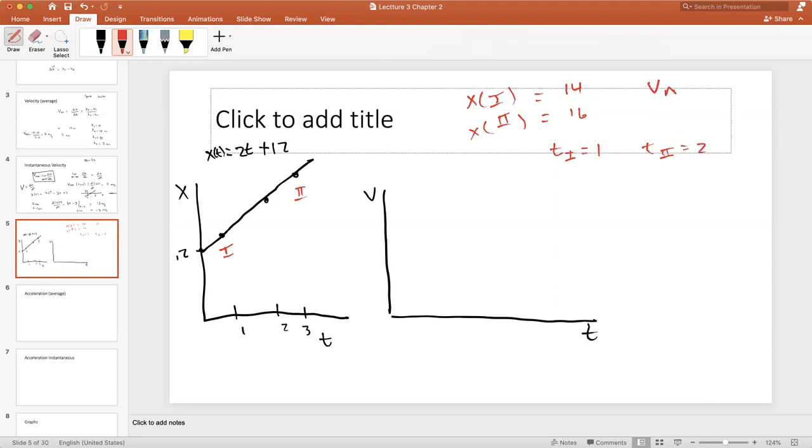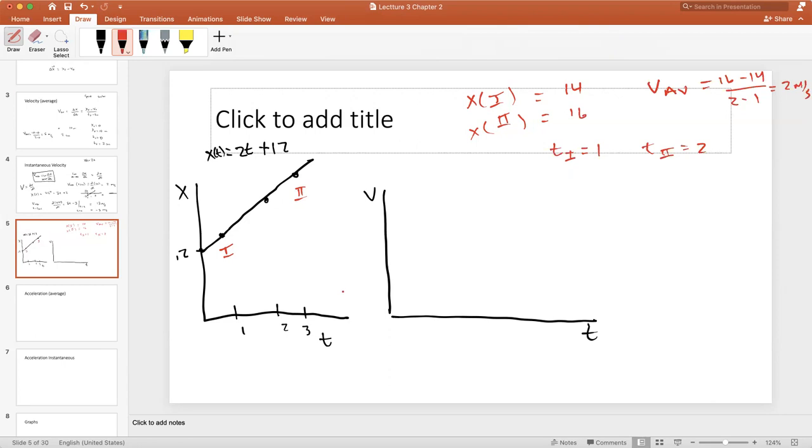So the average velocity is 16 minus 14 over 2 minus 1, or this would be 2 over 1, which is 2 meters per second. That's my average change in position over time.